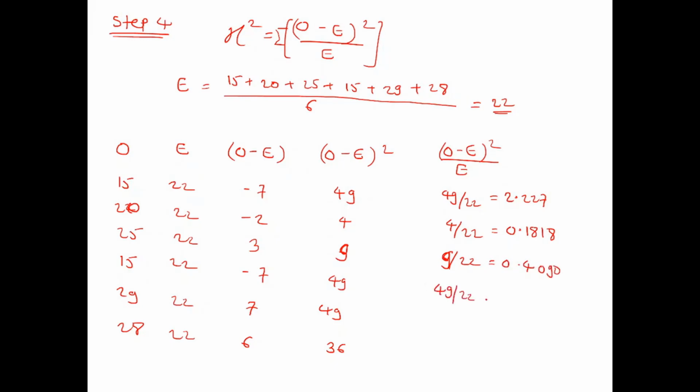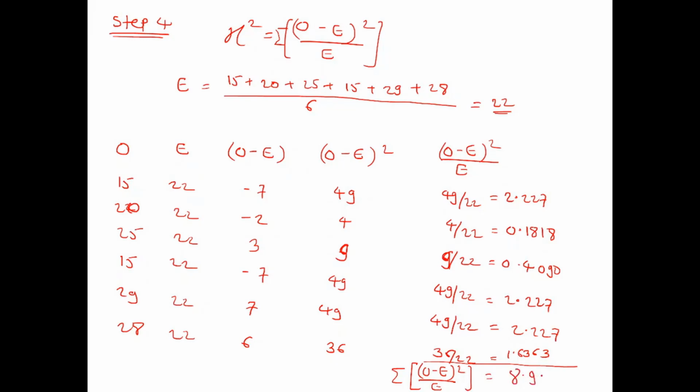Then again 49 by 22, which is 2.227. Here also 49 by 22, which is 2.227, and 36 by 22 is 1.6363. If we add all this, we get the summation of O minus E bracket square upon E, and that value is 8.9087. This is nothing but our calculated chi-square.